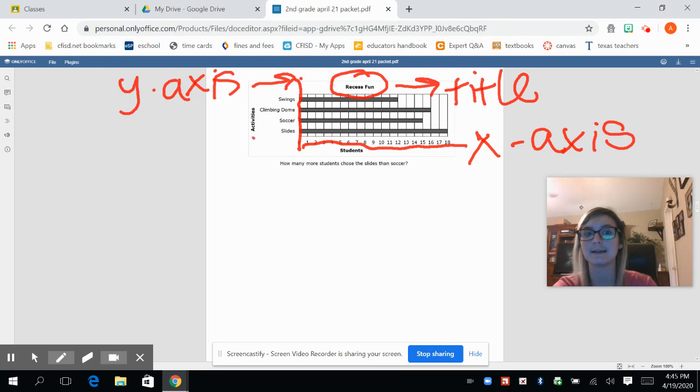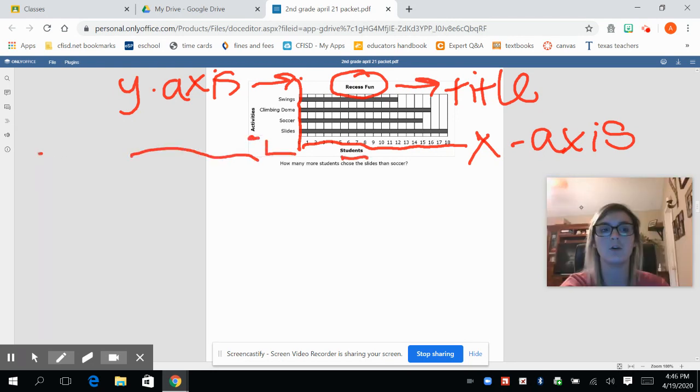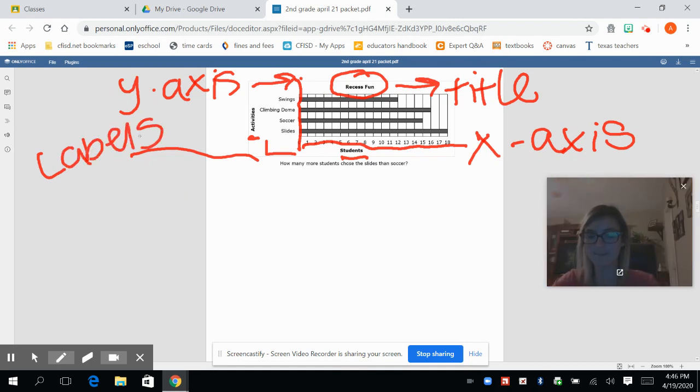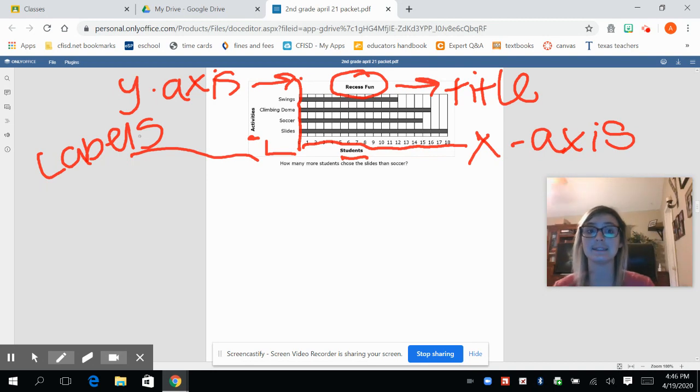Then, where it says activities and students, those are called labels. The activities we see are swings, climbing dome, soccer, and slides. And then the bottom portion is students. It's counting how many students are using those different items during recess fun.